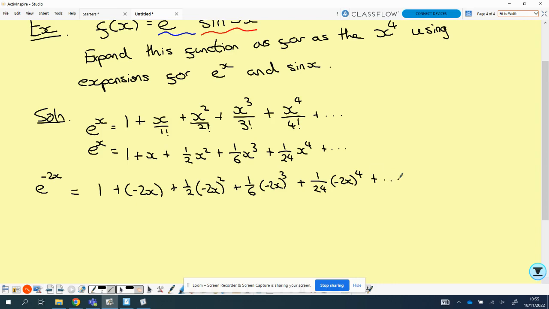Okay, so that just saves me doing all the awkward differentiations because I know what the x one was. And obviously if I tidy this up now, the expansion becomes 1 minus 2x. Then negative 2 squared becomes positive 4, divided by 2, that's plus 2x squared. Then it will be negative 2 cubed is negative 8, 8 over 6 becomes 4 over 3, so minus 4 over 3 x to the power 3, and then negative 2 to the power 4 is positive 16, 16 divided by 24, you get 2 over 3 x to the power 4.